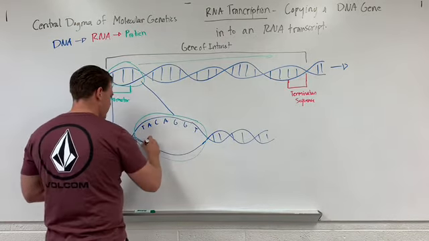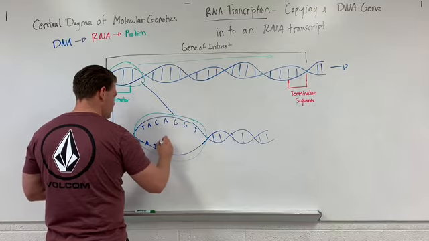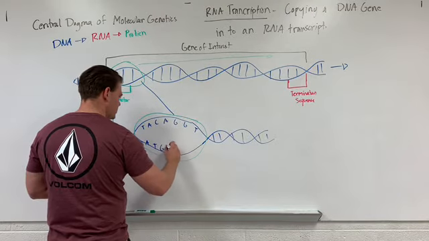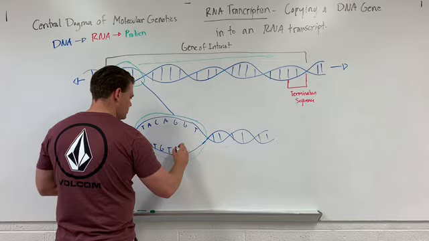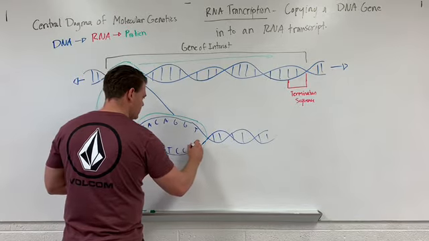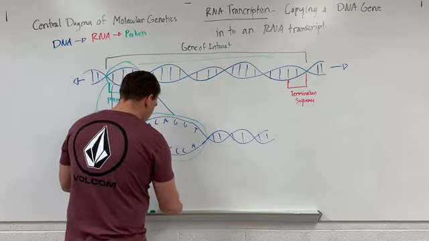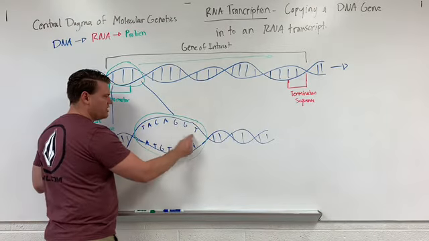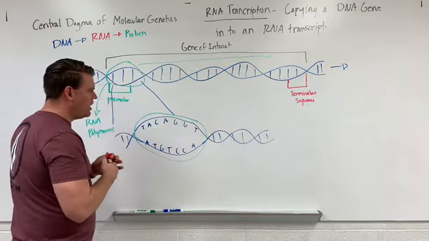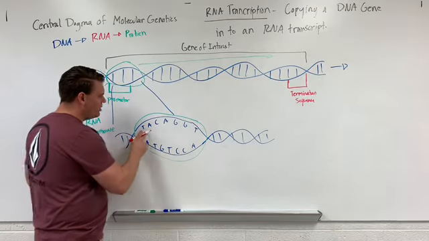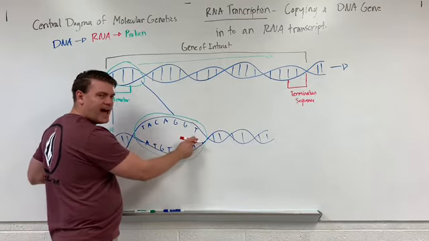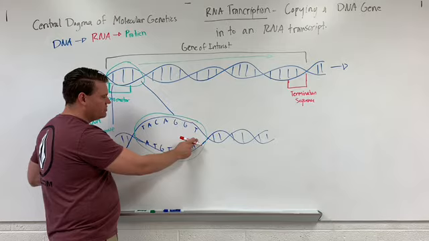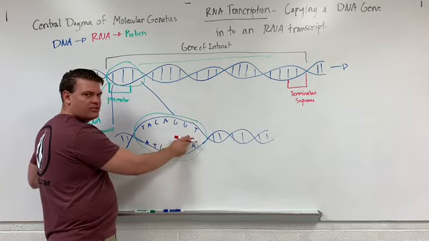That means this would be A, T, G, T, C, C, A. But our code is coded in this top strand here, and so our polymerase is only going to add the matching base pairs to that top strand.